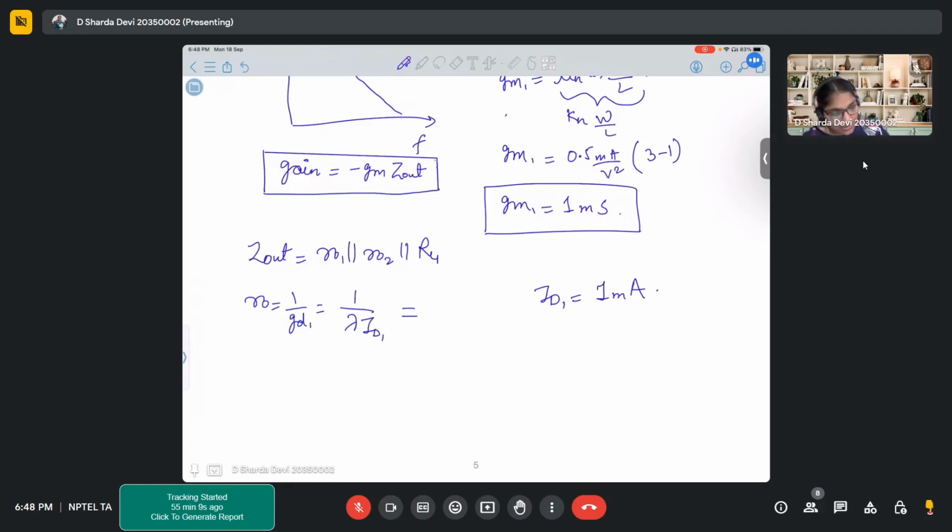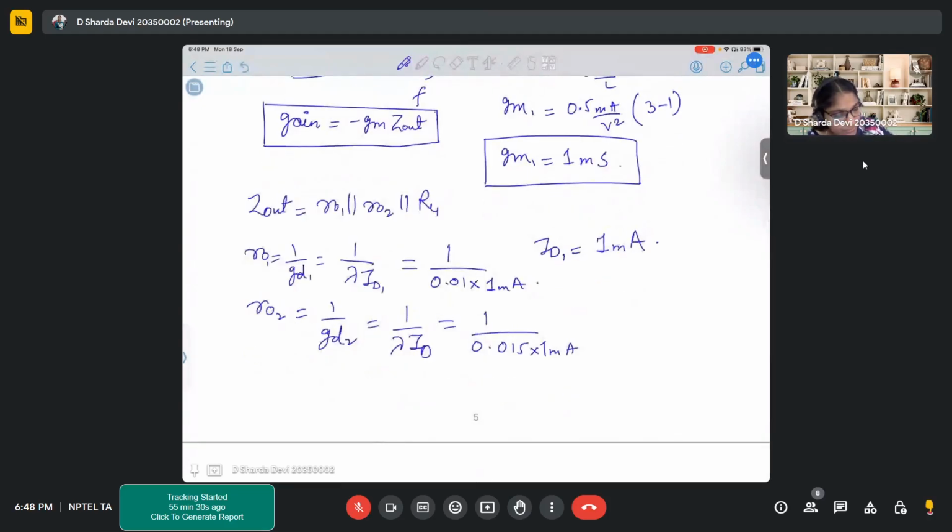So ID was 1 milliampere. So R01 will be 1 by 0.01 ampere. Similarly, R02 will be 1 by lambda ID, 1 upon 0.015 into 1 milliampere. And this RD, R4, is 54 kilo ohm.